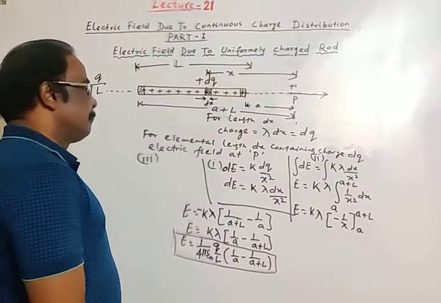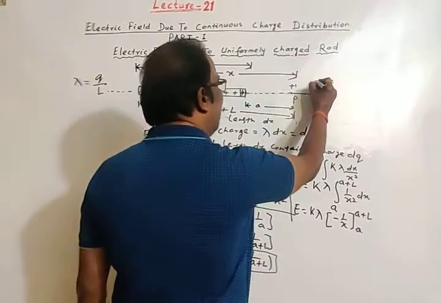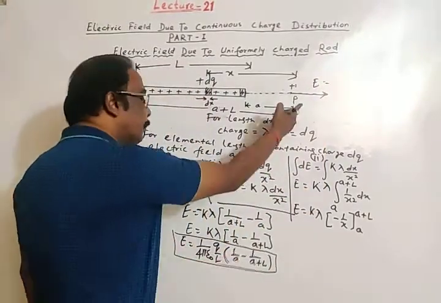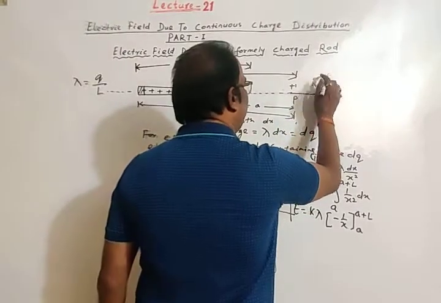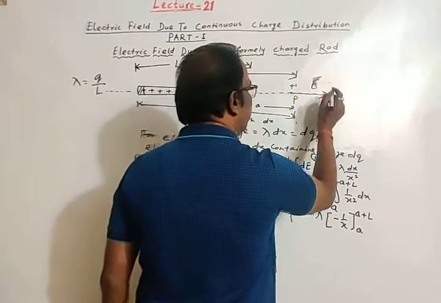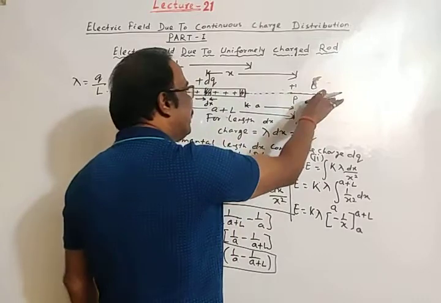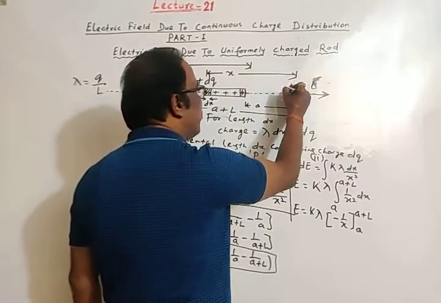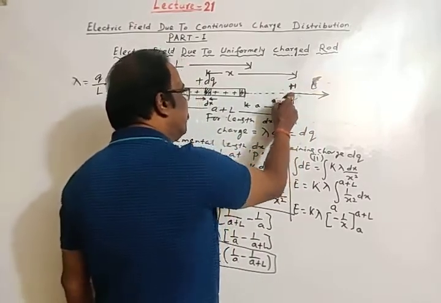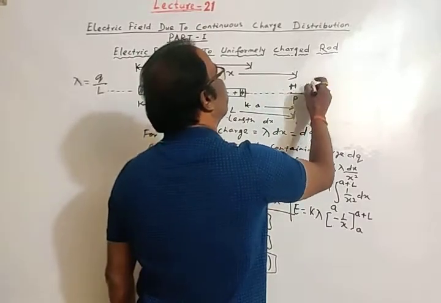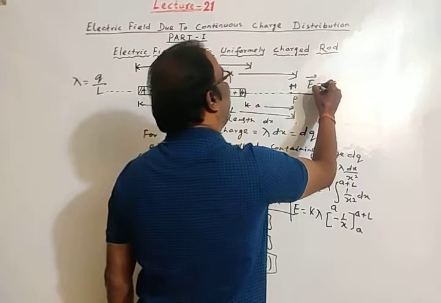Then, the total electric field at this point. After solving this, I am writing here also the total electric field at this point along the positive x-axis. We have taken it along the positive x-axis. The unit positive charge is repelled along the direction of electric field intensity.